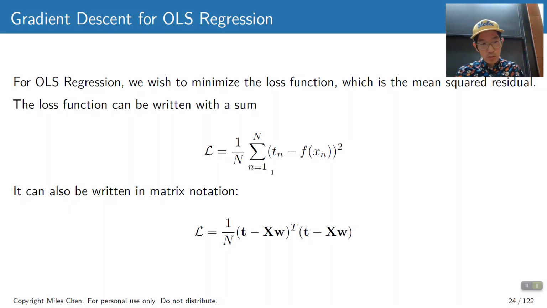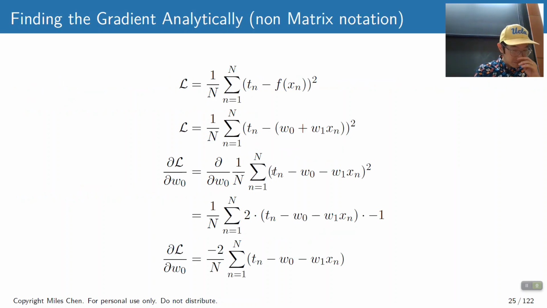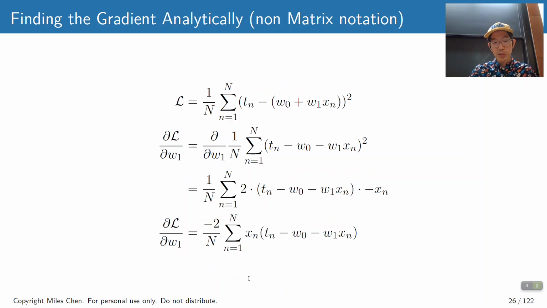So we want to minimize this, and so we're going to say, what is our gradient? We can do this analytically using the partial derivative with respect to w0. If I expand this out in non-matrix notation, this would be the partial derivative with respect to w0. This is the partial derivative with respect to w1.